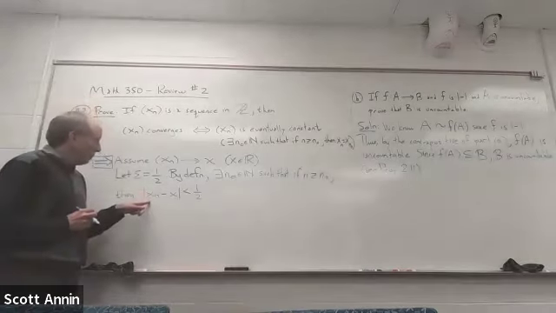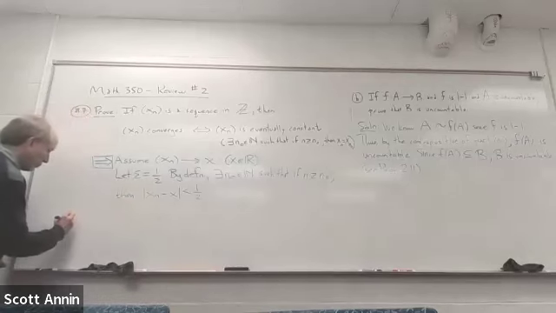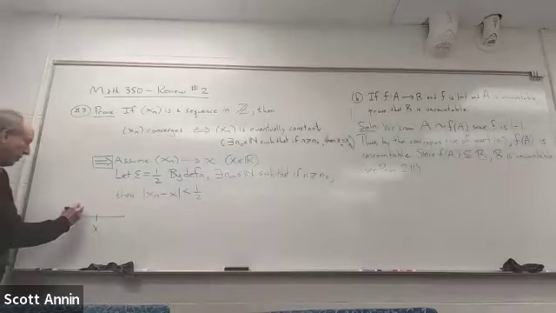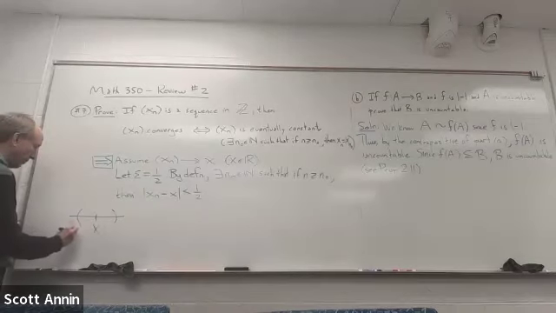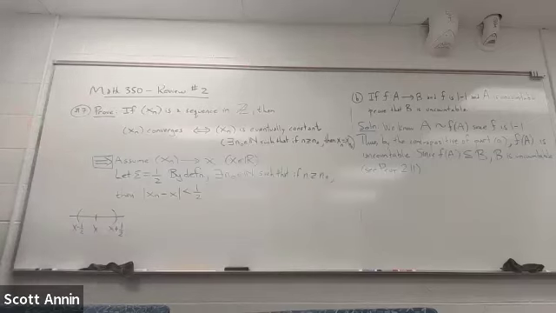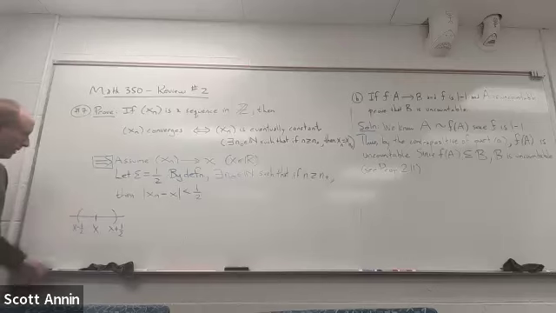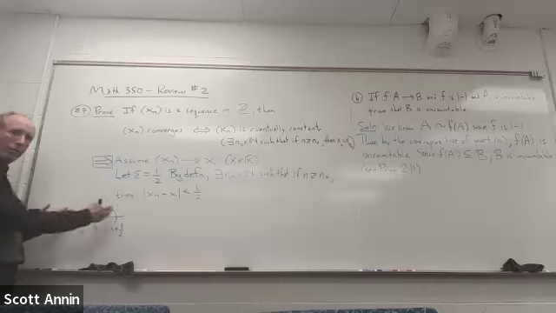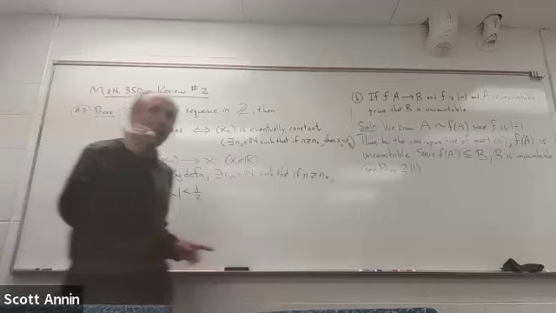So these are integers. Let me just draw a little picture here. Here's x, and I'm making a neighborhood around it of radius 1/2. So this is x minus 1/2. This is x plus 1/2, right? So that neighborhood can only contain one integer because the width of that whole interval is only 1 unit.